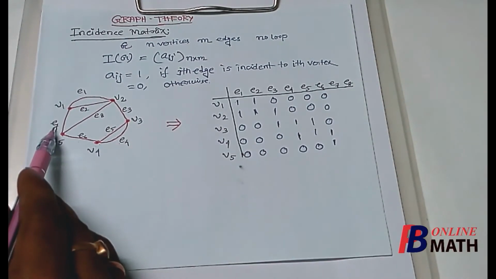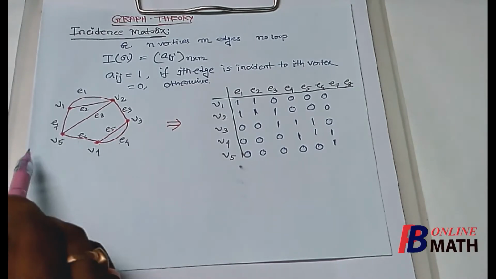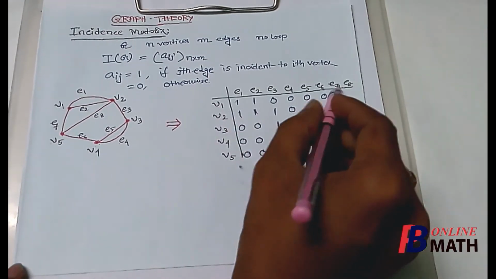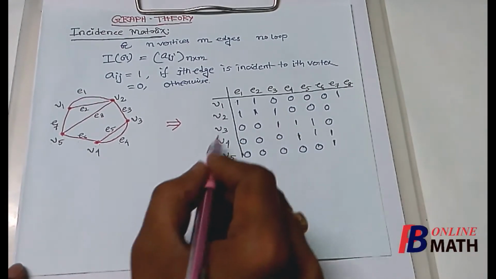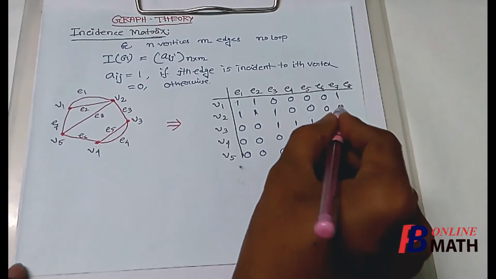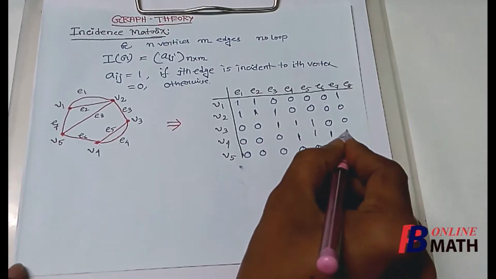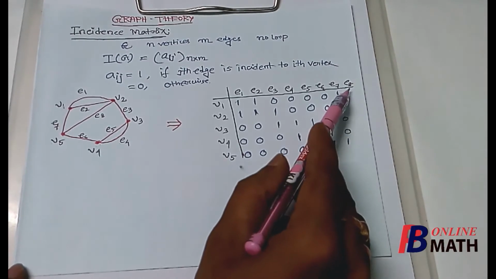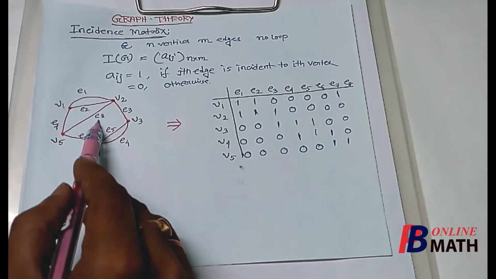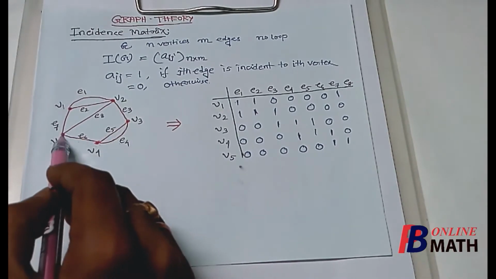E7 is an edge between V1 and V5. So in the column of E7, we put 1 in the row of V1 and 1 in the row of V5, and we put 0 for the remaining elements. Finally, for the edge E8, we find that the edge E8 is incident to V2 and V5.